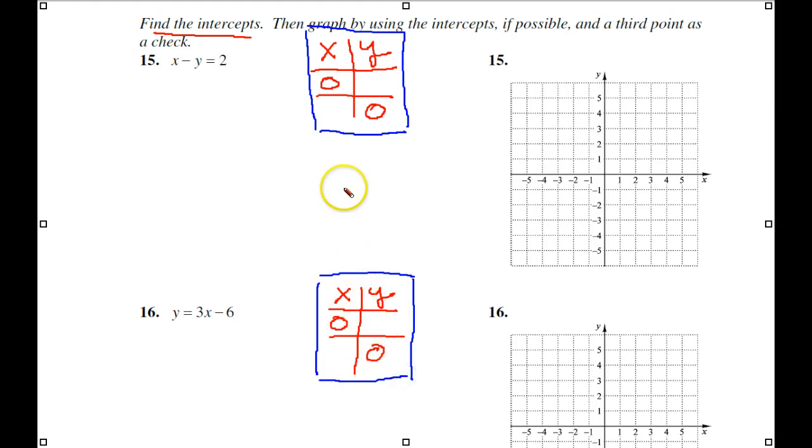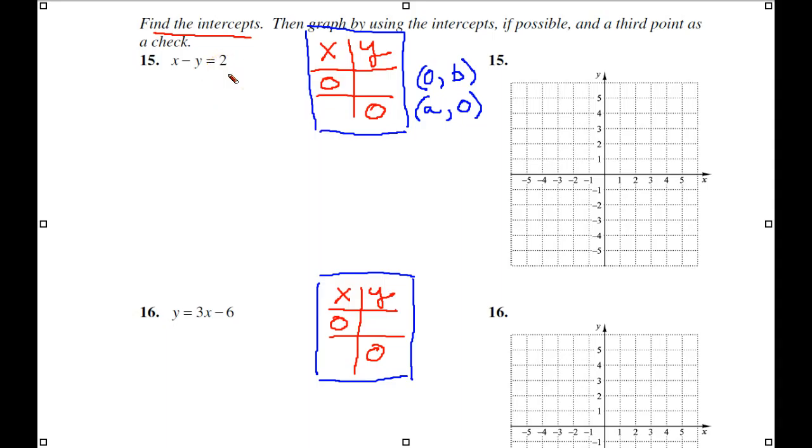Why is that? Well, because when x is 0, whatever we find for y will be our y-intercept. And whenever y is 0, whatever we find for x is our x-intercept. So let's use this one to do this.